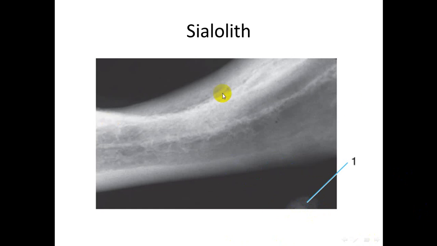Here the patient is edentulous, and this is the site of the submandibular gland. So it is a calculus forming a stone, a sialolith, inside the canal of the submandibular gland.